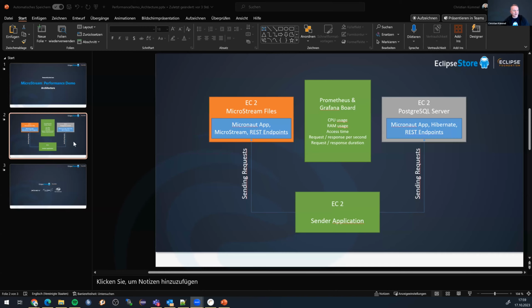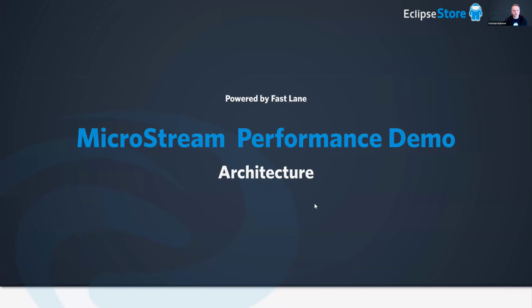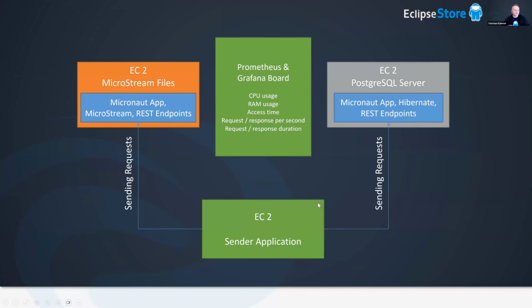So I have to share my screen again, and as Marcus promises all the time, MicroStream is that fast, and it saves you a huge amount of money. Let me give you an idea how this works. Hopefully you can see my screen now, and you should see the architecture overview of our performance demonstration, just to give you an idea how fast MicroStream is.